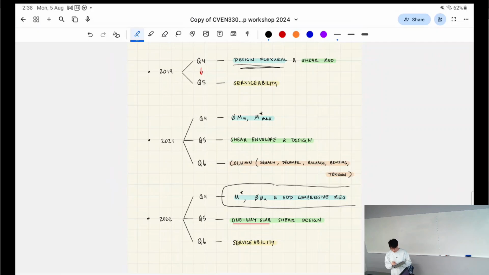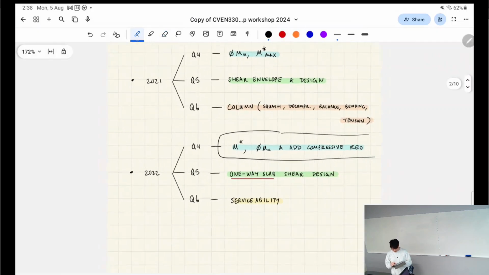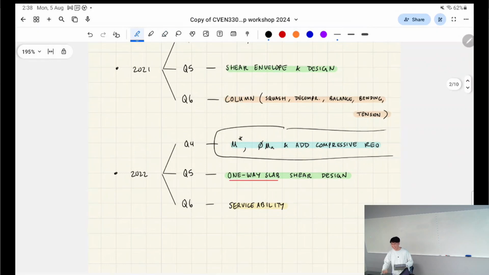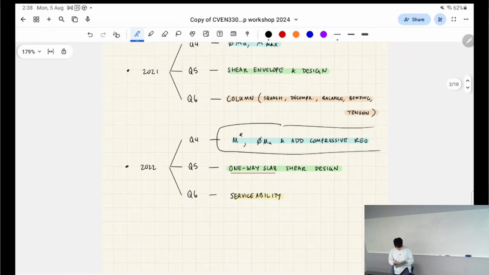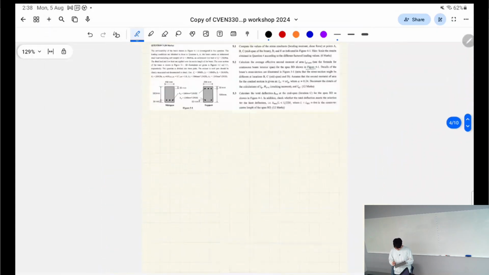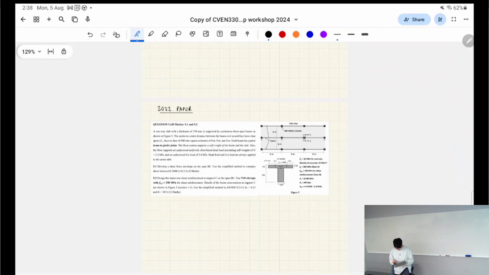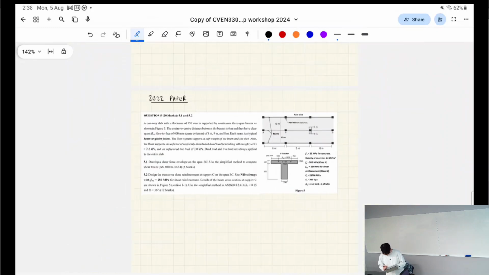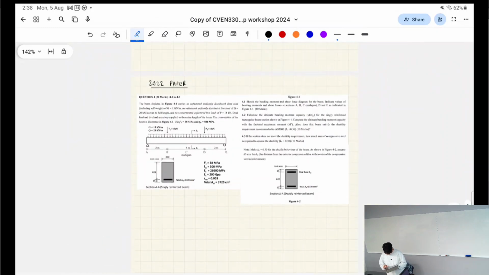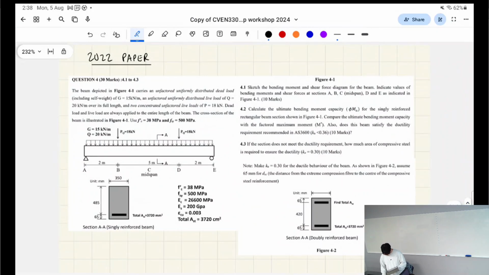So I want to go through a flexure question that is as core to the course as it gets, basically. So here's a question. Just give it a read. I'm going to pull up my own notes here.